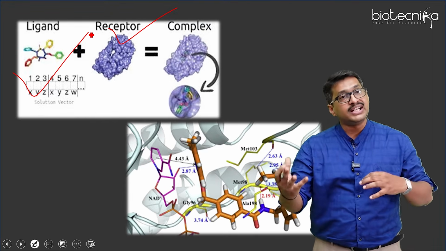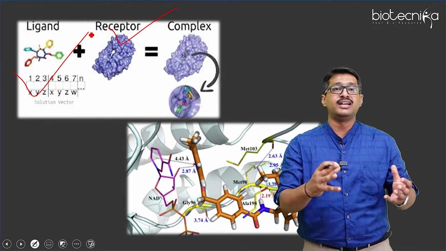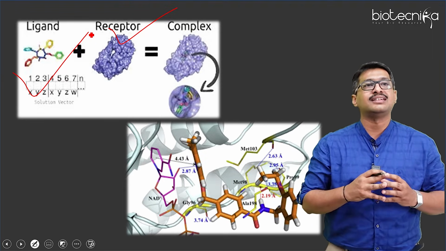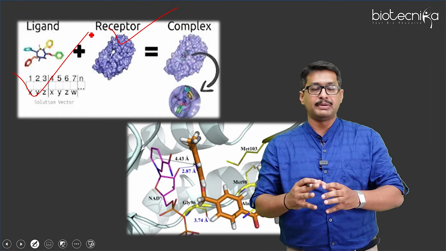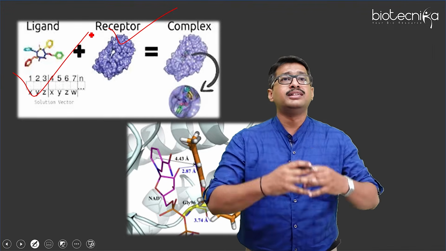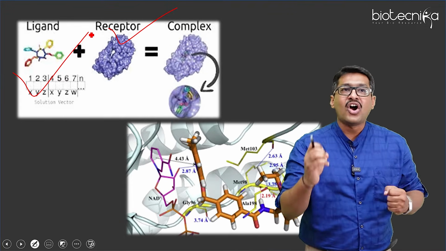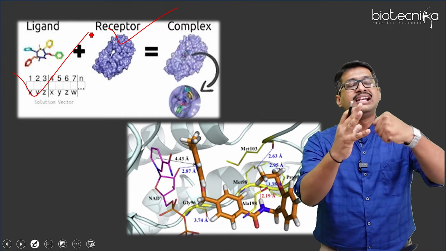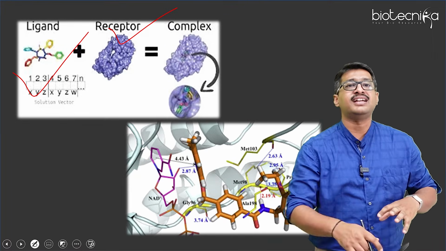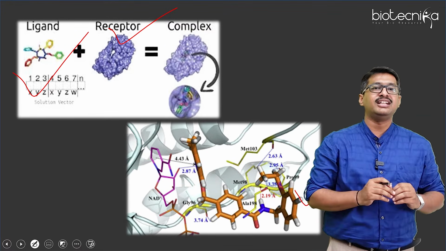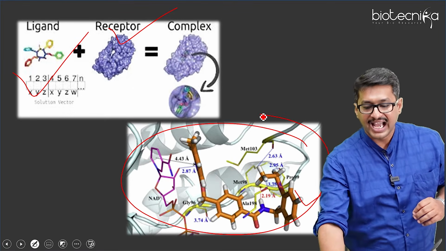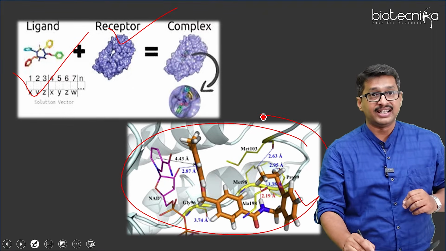So according to lock and key theory or according to induced fit theory, there is an interaction of ligand and receptor, and this interaction has led to a ligand receptor complex. Now, in bioinformatics, the beauty is, it is not just that I am trying to say that a ligand binds to a receptor, but I can very specifically say where exactly my ligand is binding to the receptor. And you can see on the background of a protein, I have a ligand molecule which is binding there.